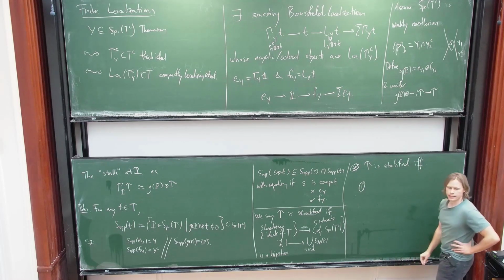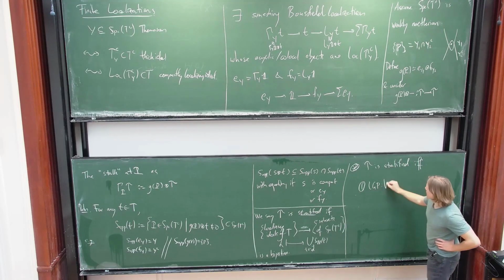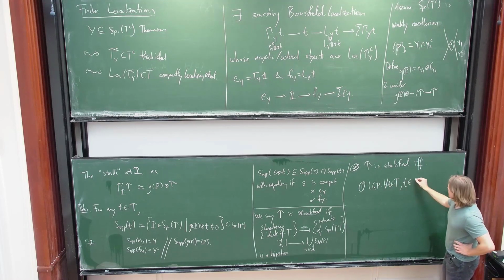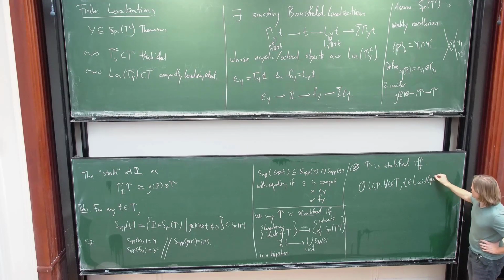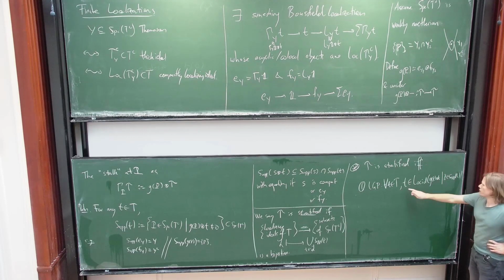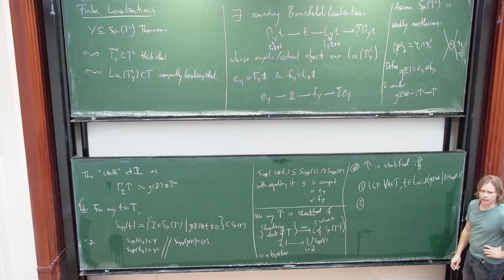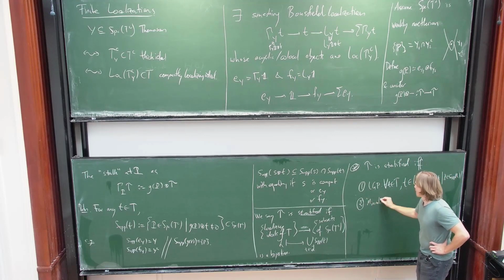The first one is the local to global principle, LGP, which says that for all objects T, T is contained in the localizing ideal generated by g(P) tensor T for P running over all the points in the support of T. So it's sort of like T can be built from its stalks. And then the second condition was the thing called minimality.